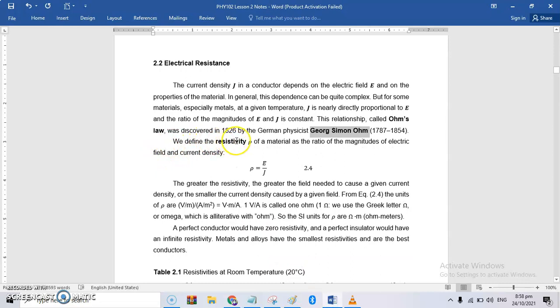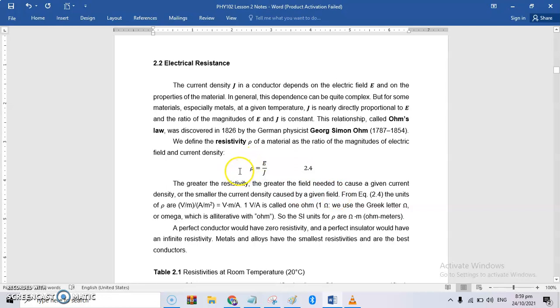We define the resistivity ρ of a material as the ratio of the magnitudes of electric field and current density. So don't be confused, kasi minsan si Greek letter ρ is ginagamit as a density, but in our lesson, it is used as a resistivity. Okay? So resistivity is equal to electric field over the current density. The greater the resistivity, the greater the field needed to cause a given current density, or the smaller the current density caused by a given field.